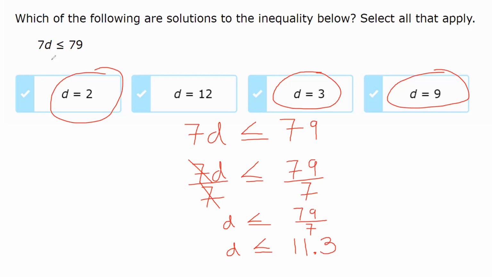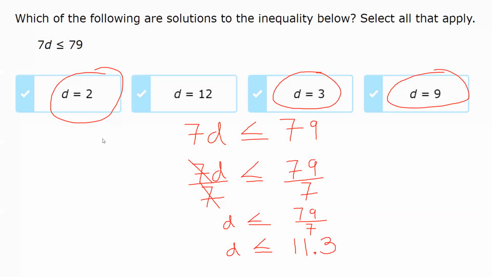All right, good. So there we go. Just D is equal to 2, D is equal to 3, and D is equal to 9 is the answer. Please write this down. I'm also going to put it in the chat for those of you who are still writing it down.